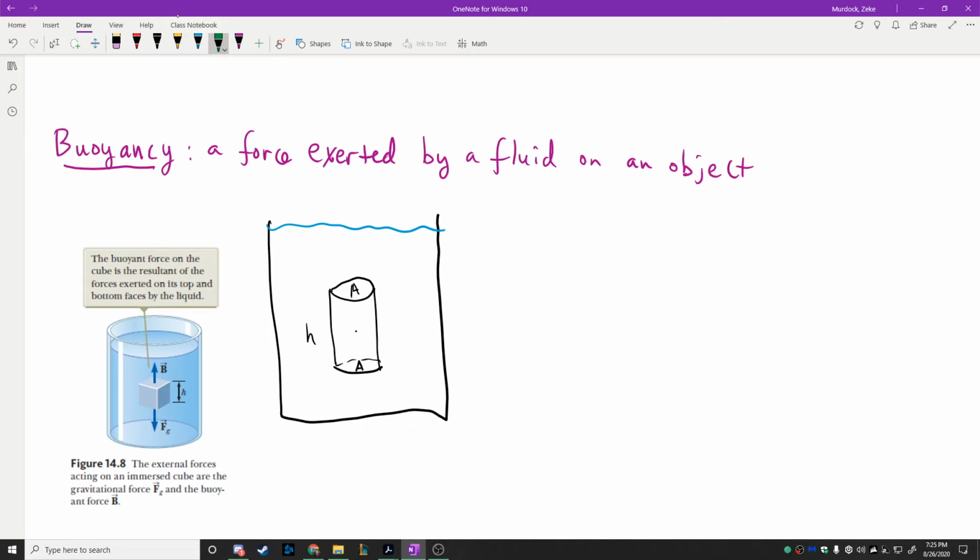We know that the pressure at the bottom here we can define to be, let's say, P1. We can define the pressure at the top here to be P sub 2. And we know that there's a force on top, then, that's equal to P2 times A. There's a force on the bottom that's larger, that's equal to P1 times A. And of course, this object is subject to weight as well.